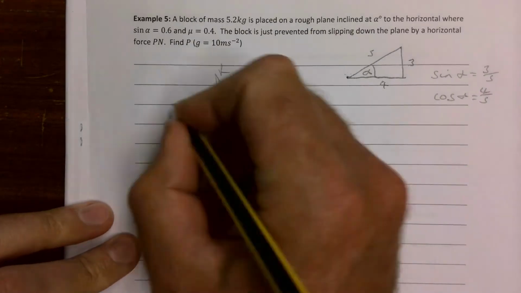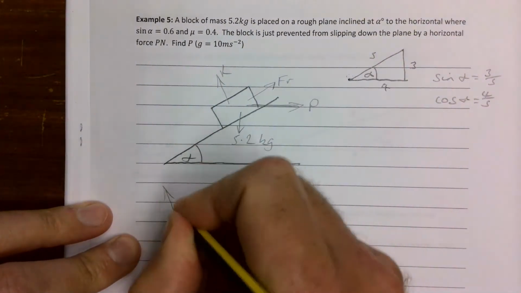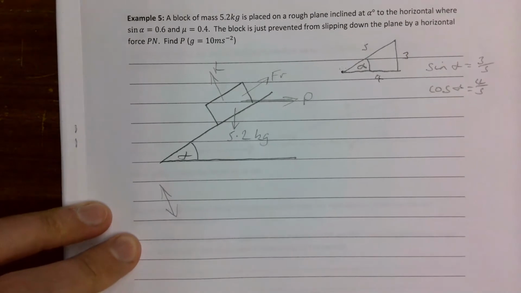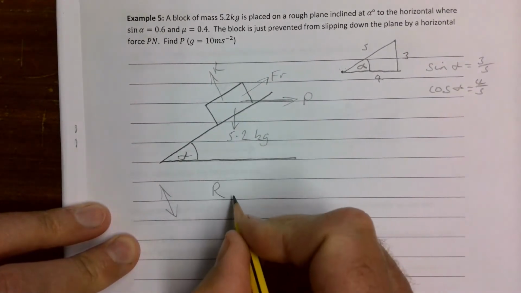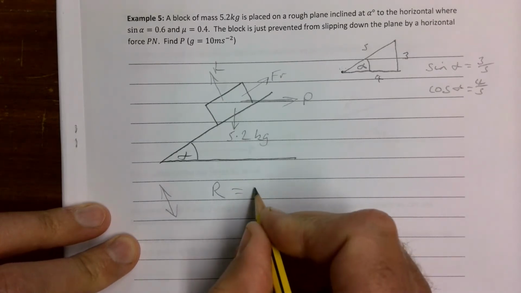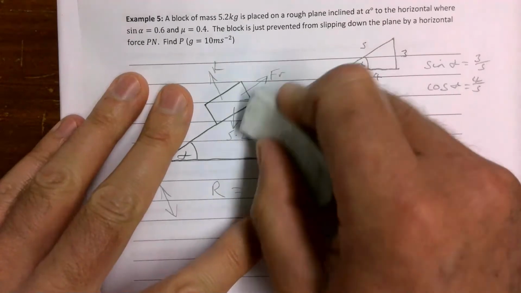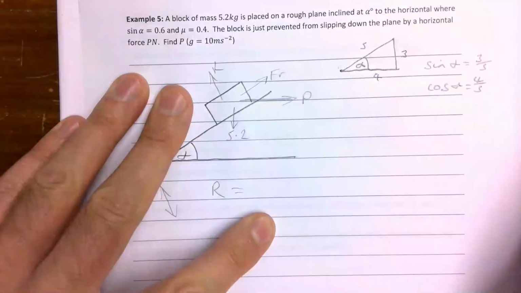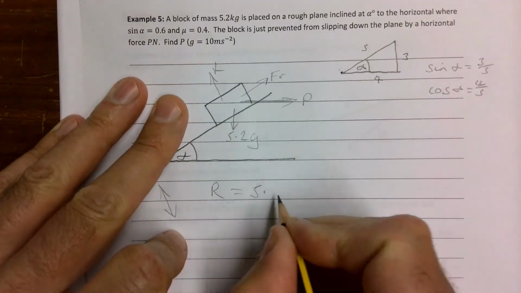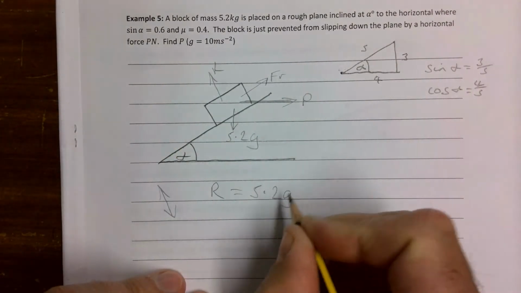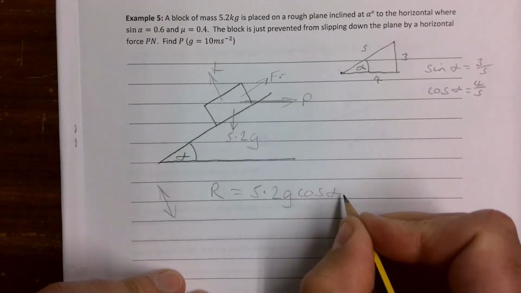We're going to go, sorry, it's an equilibrium. Alright, so everything going one way equals everything going the other. Let's go that way there. So we have R, now this is going to be fun, equals, so, that's a mistake, goodness, sorry, that's not 5.2 kilograms, it should be 5.2 G. So we're going to have 5.2 G going this direction here is cos alpha.